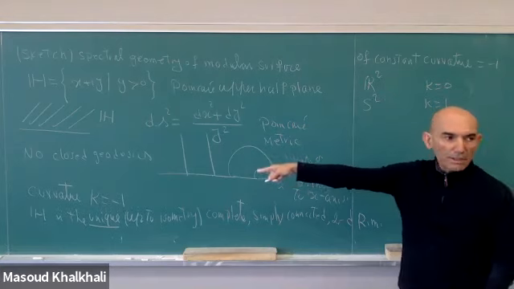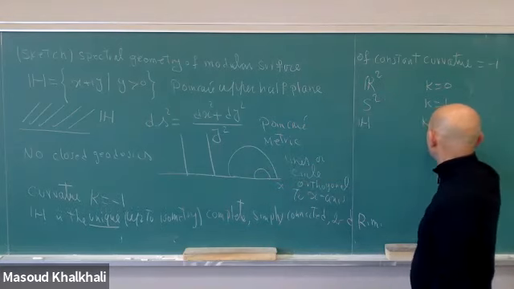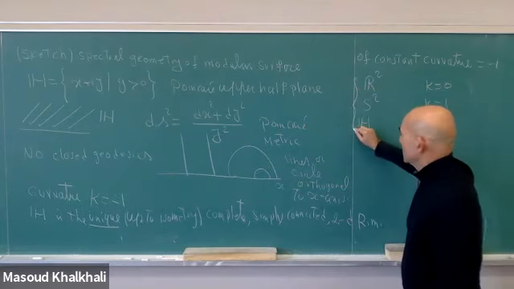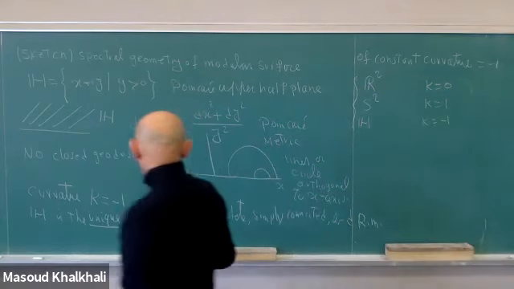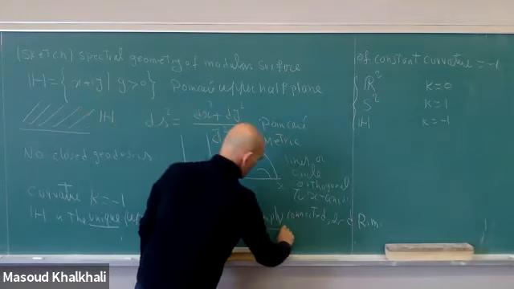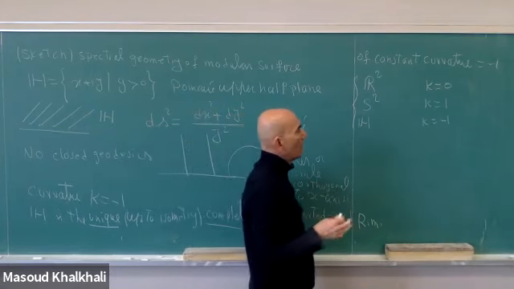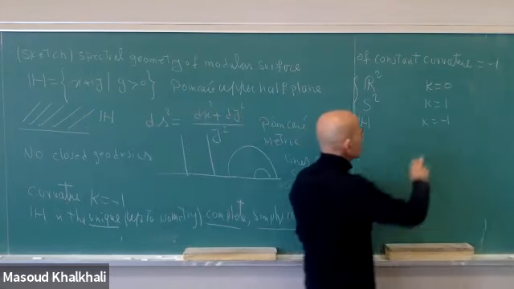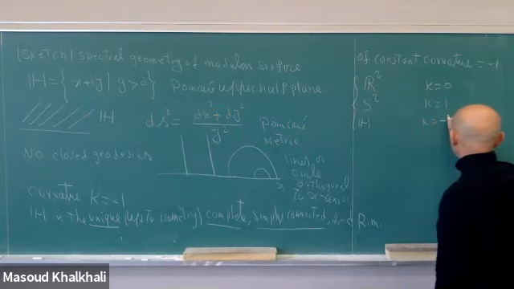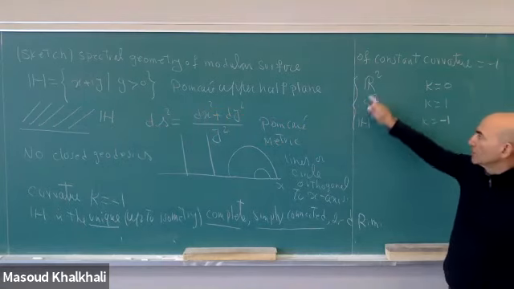And the third is this. That's it. With these conditions, complete, simply connected, and constant curvature, you can scale, you get 0, 1, or -1. There is no other except these.